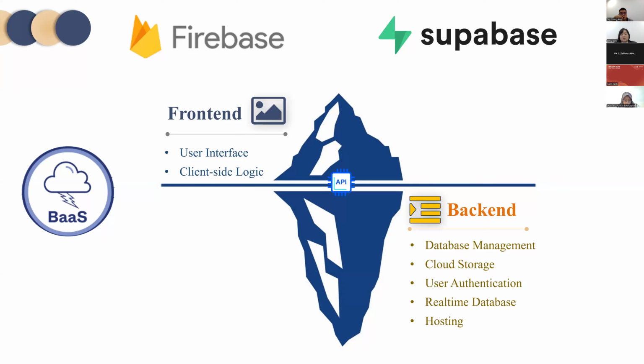Real-time database means that once you update the data, you don't have to refresh your page. Whenever there is an update in the database, they will push the updated data to your site. You don't have to refresh. They will push it automatically, so you will get the updated content immediately once it is updated. So this is the powerful part of Firebase and Supabase.